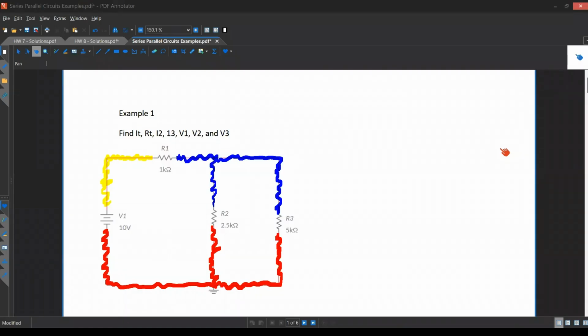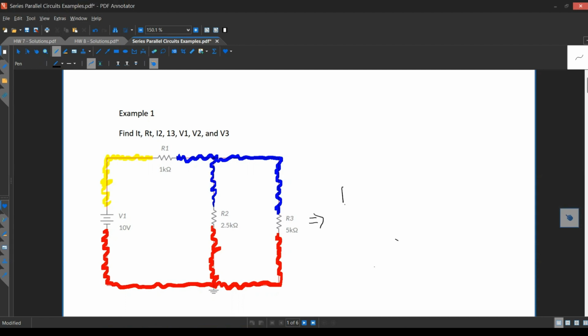So let's go ahead and combine these two resistors together. What I'm after is just trying to find my R total first. Whenever you're dealing with series parallel combination resistors, you're going to have to redraw the circuit once you start combining resistors together, to make your analysis a whole lot easier to see.